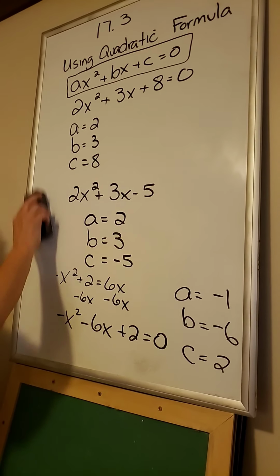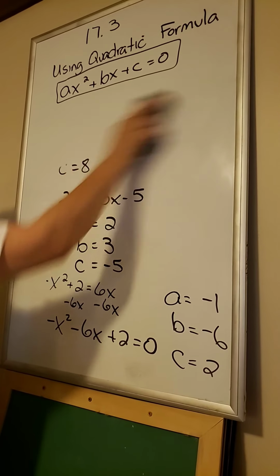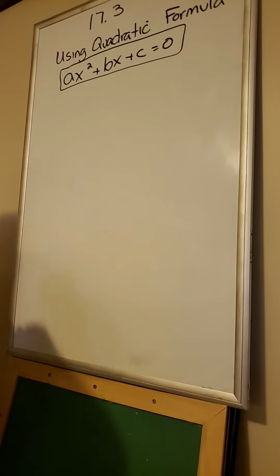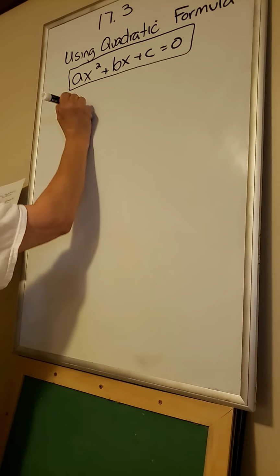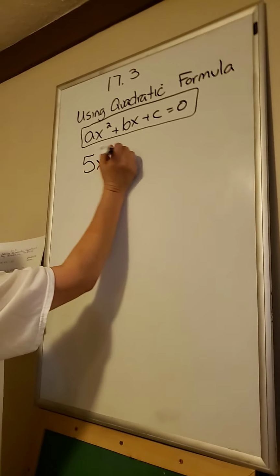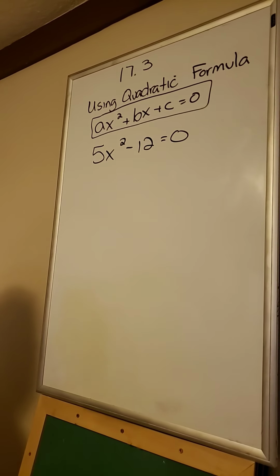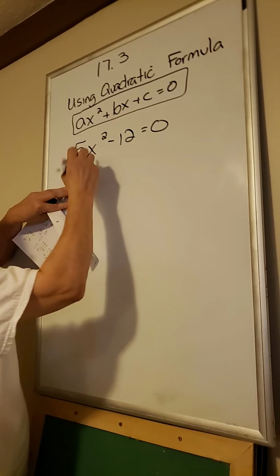Then, the last example that I have on here, let me write this one down, because it looks a little bit different. It is 5x squared minus 12 equals 0. So when you look at this, you have an A, which is going to be 5.